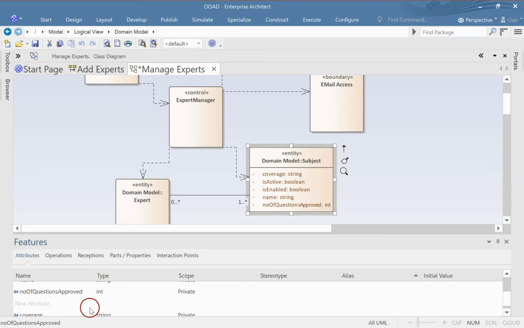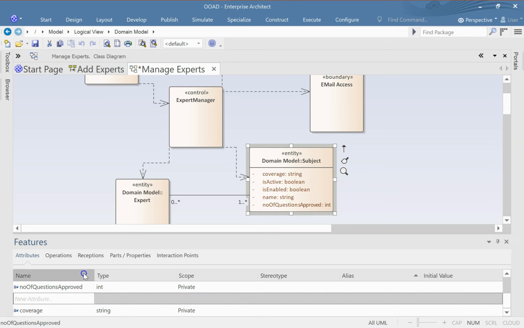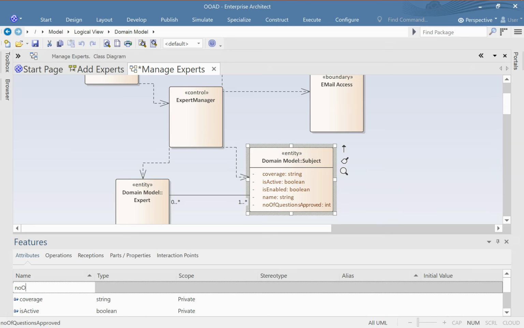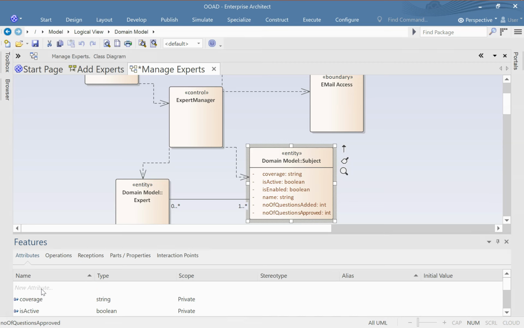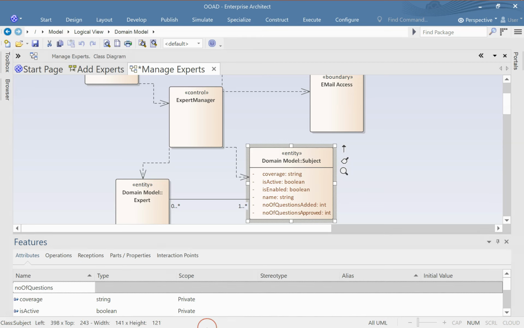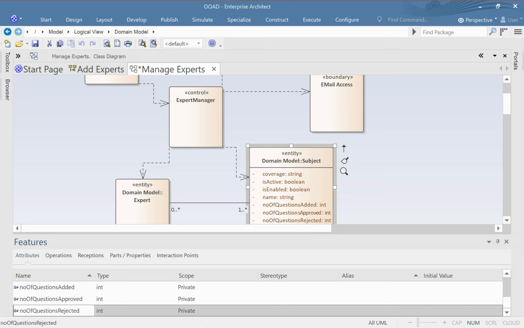Now, if that is the case, then we also require number of questions added. Later on we can remove them if we don't require it. But if we are having approved questions, then let's have number of questions added, then number of questions rejected, just to have a picture of the statistics subject wise.